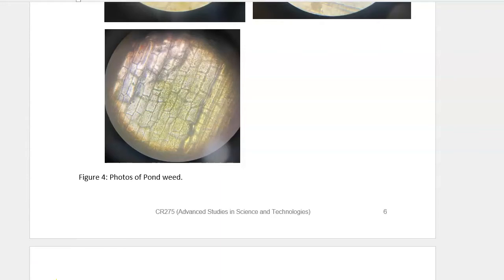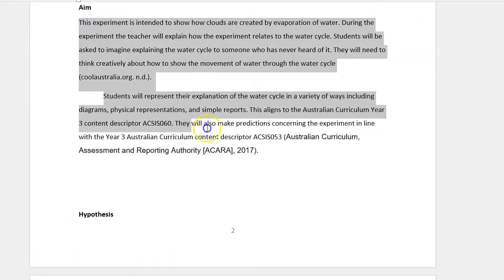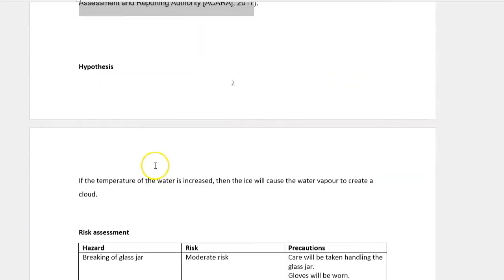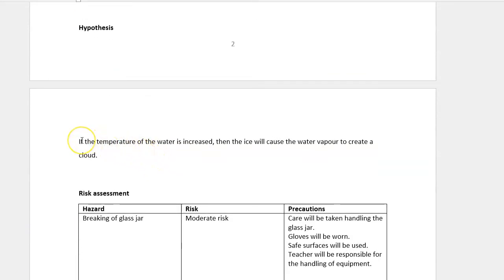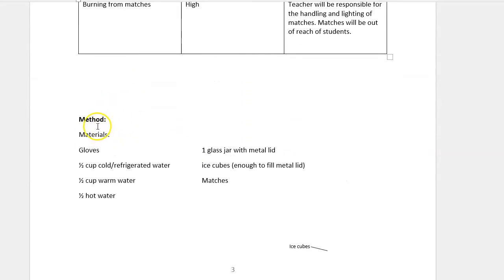Moving on, let's have a look at the solid one. This one also is actually more than solid. It's a very thorough one, where it explains in description what the areas are. It has a short hypothesis, an if-then statement. You don't necessarily need to do the risk assessment. It's an addition.